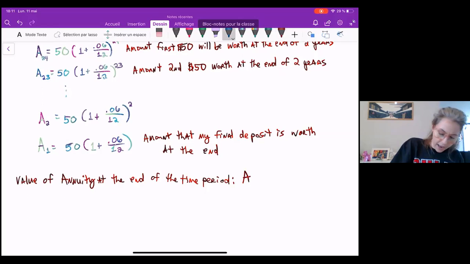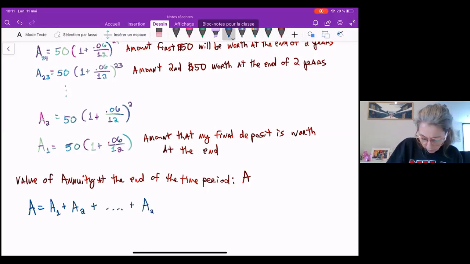So we're going to say that A is actually going to be equal to A1 plus A2 plus A23 plus A24.